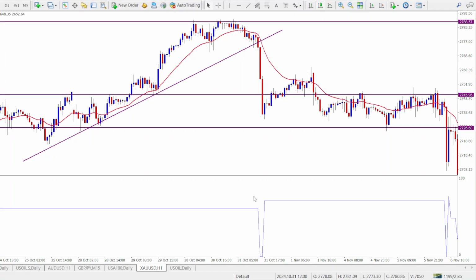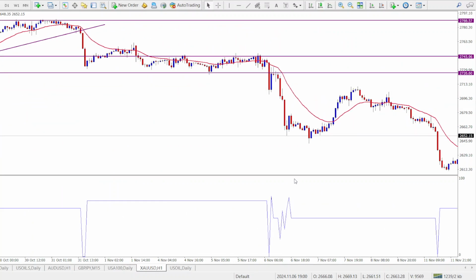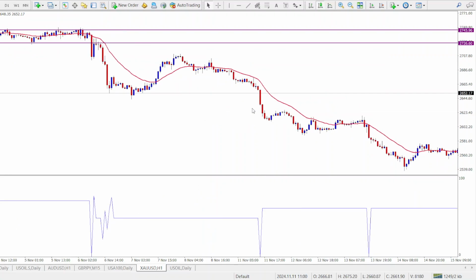So this indicator can confirm that reversal. The momentum pinball indicator can help you confirm that reversal, because on normal basis, the indicator will be moving sideways, flat, completely flat on a straight line.